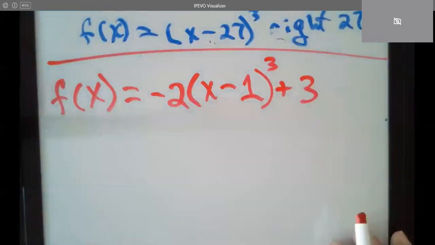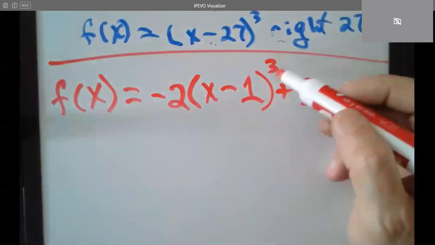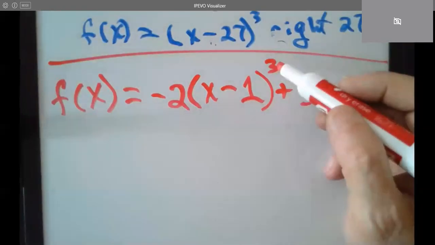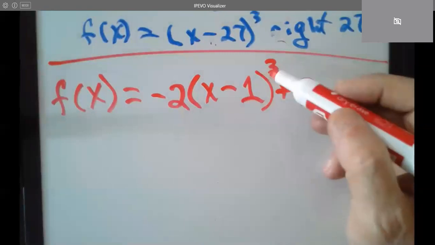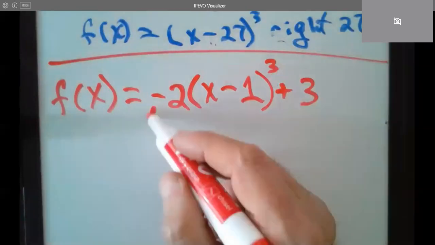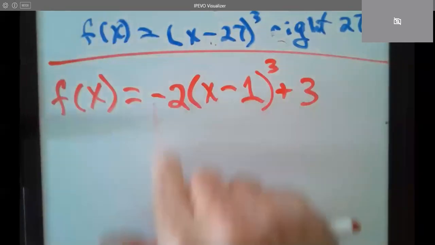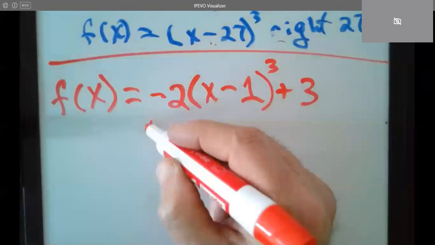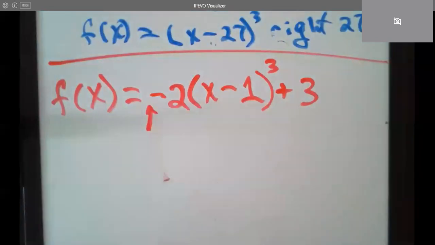So the first thing you always want to do is get the end behavior down. So we look at this, right? This is going to behave like, this one's pretty easy, right? It's going to behave like x cubed. But it's negative. So this is going to behave like a negative x cubed because of the negative in front.